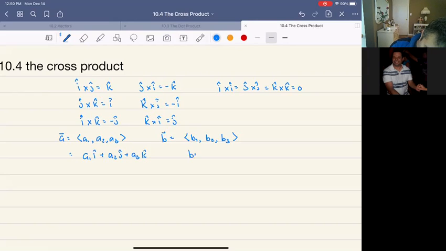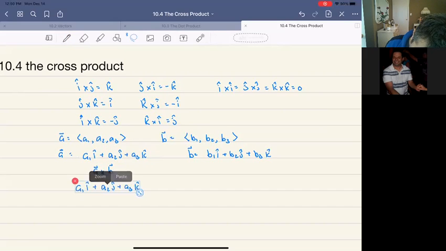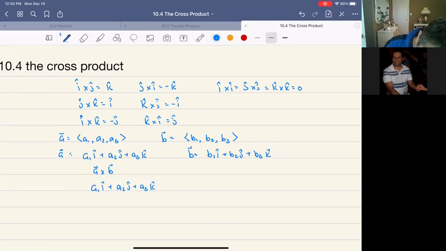And B here is B1i plus B2j plus B3k. Now, if you took A cross B, you're going to get, let's take this, crossed with this.